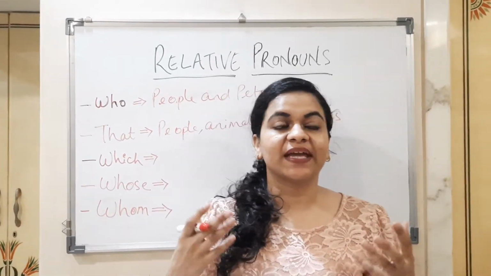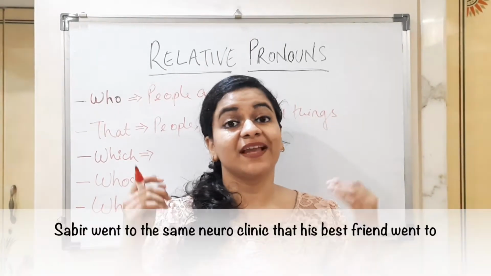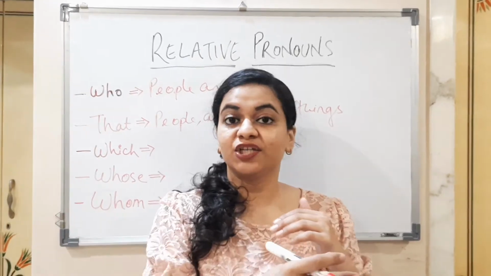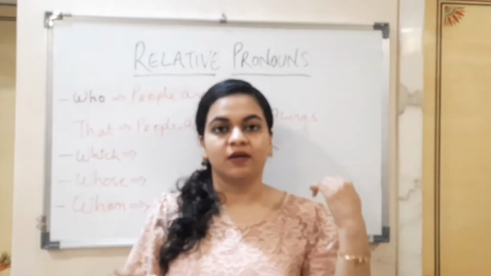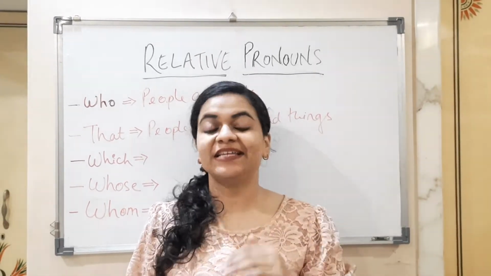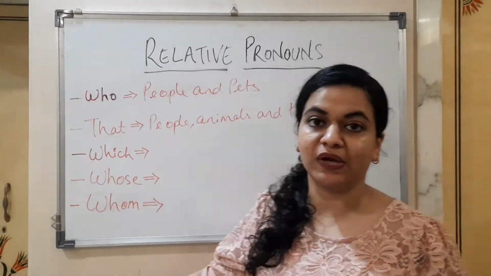Or I can say Sabir went to the same neuro clinic that his best friend went to. So whether I'm talking about the surgeon, who is a person, or a clinic, which is like a thing, I'm using that. But just remember that that is used in informal context, unlike the other pronouns.